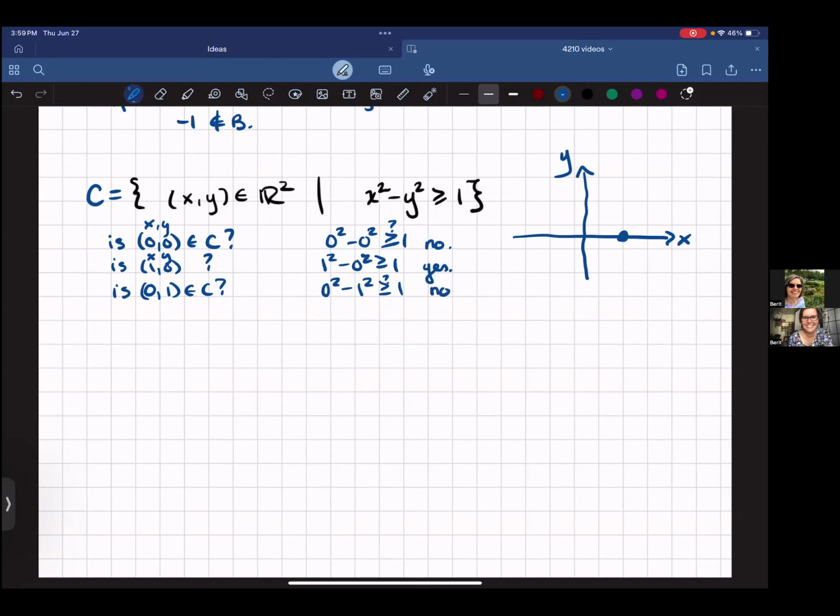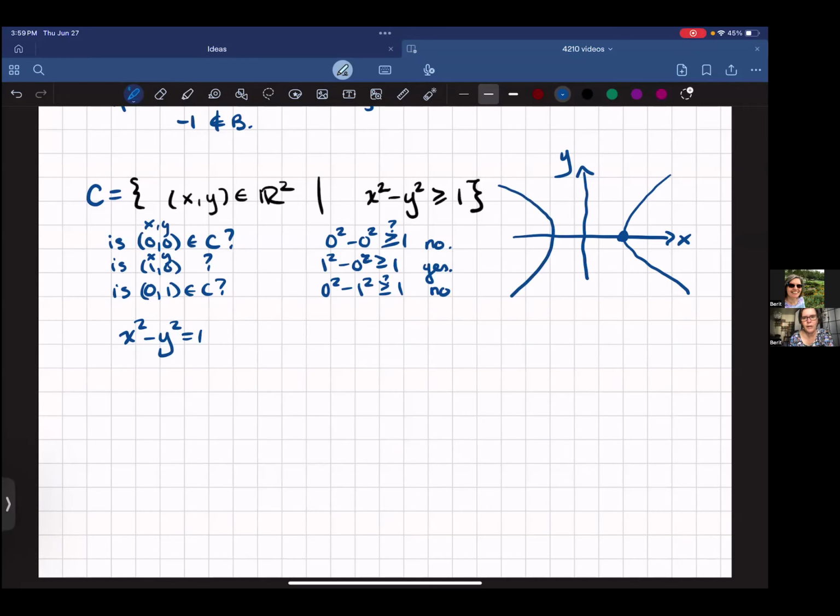In this case, if we think about the set of all points where x squared minus y squared equals 1, you may remember from the mists of time, from a calculus or even a pre-calculus class, that this is a hyperbola. So the set of all points such that x squared minus y squared equals 1 looks sort of like this.